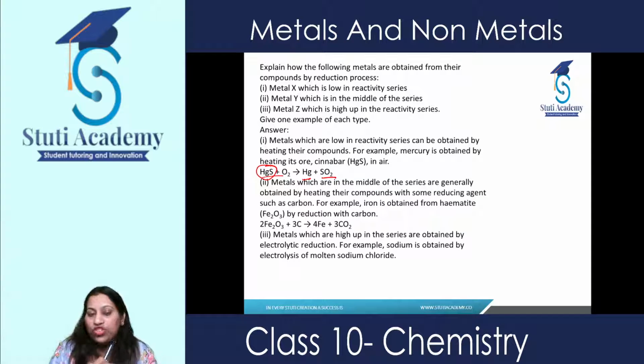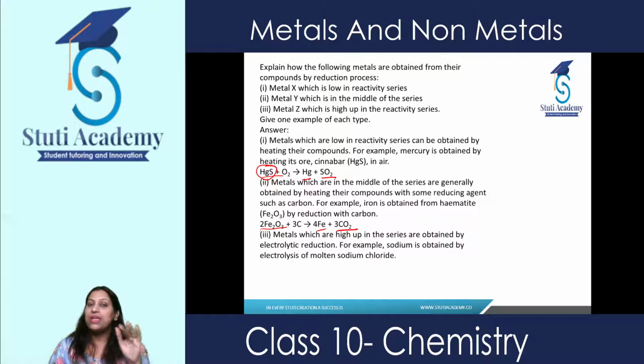An example of such kind is iron. If we heat iron oxide in the presence of carbon, it results in the formation of iron, and carbon dioxide gas evolves. Next is metal Z, which is high up in the reactivity series.